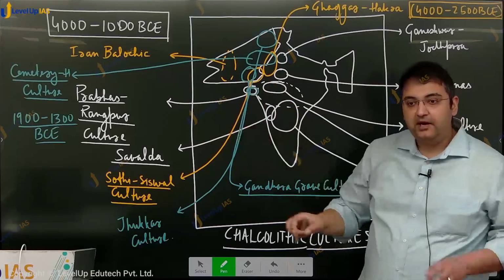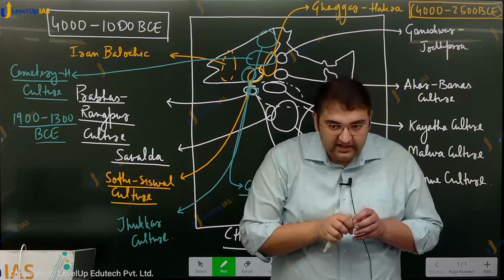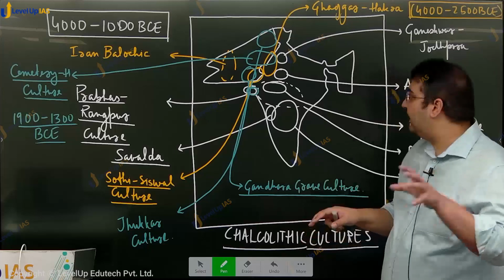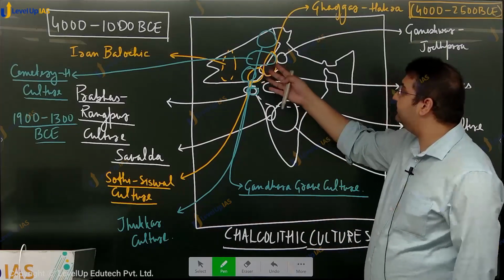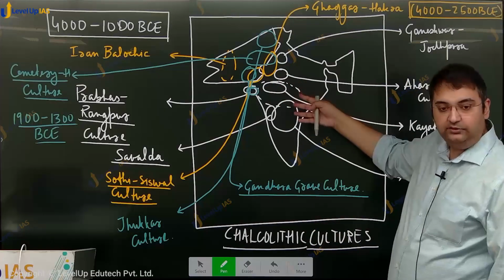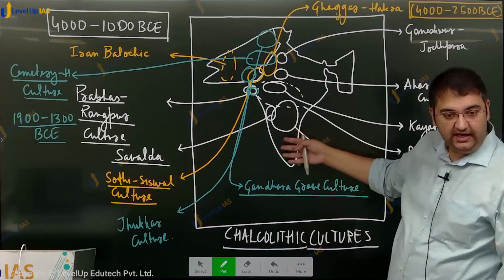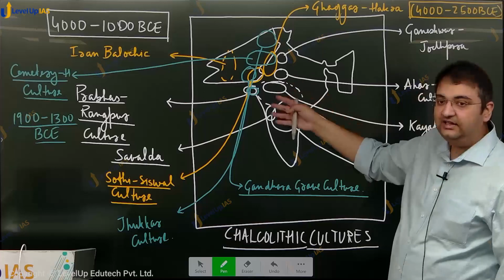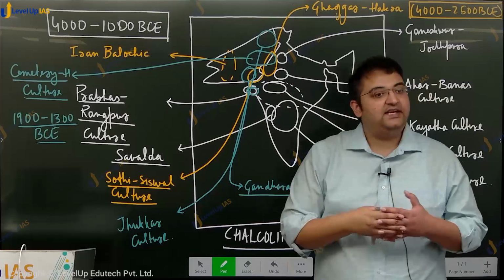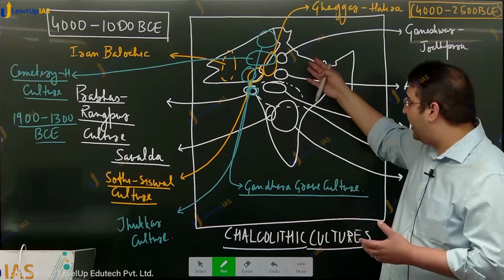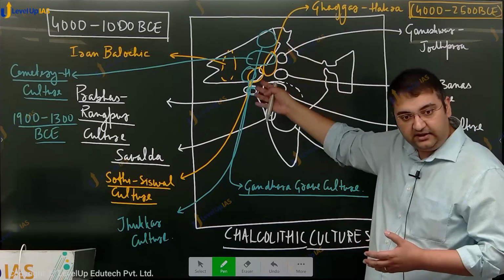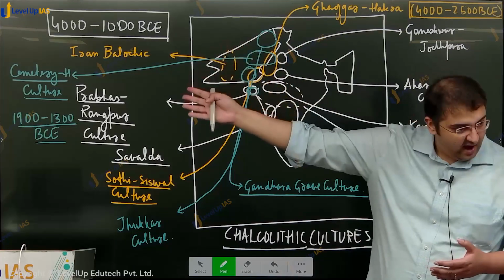Then, through the process of cultural diffusion, this culture also imparted some of its attributes to the cultures which were flourishing in the eastern regions, right? And that is why we see the intermixing of various cultural streams, the native Chalcolithic cultures, the Harappan culture, as well as the foreign Aryan culture.